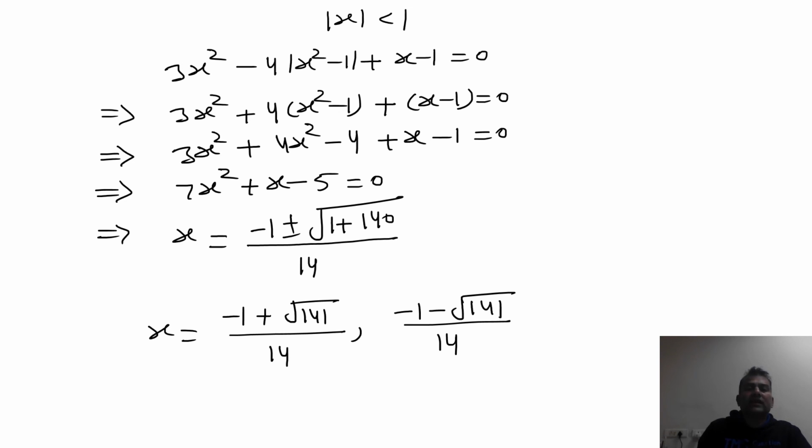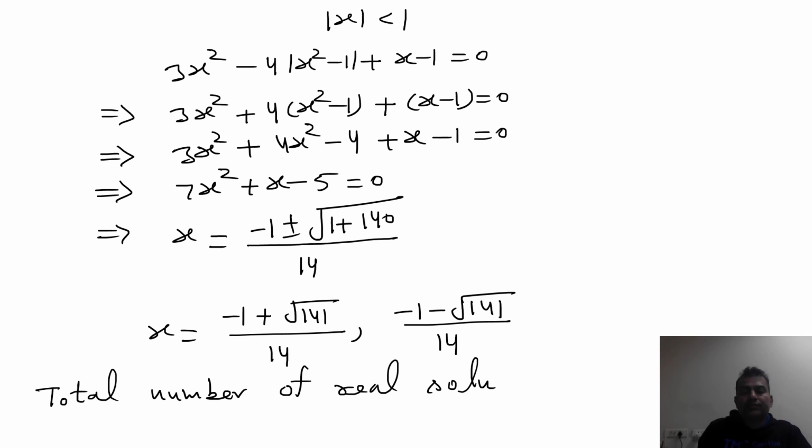So both roots satisfy mod x less than 1. That means they are also solutions. So the total number of real solutions is 4.